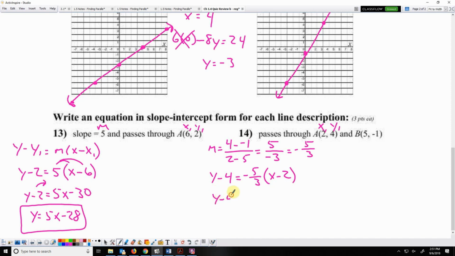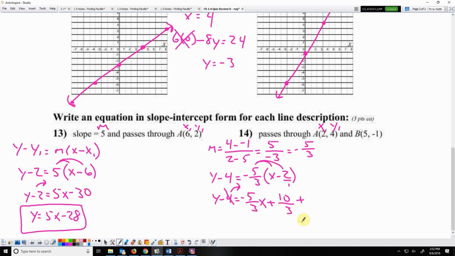So y minus 4 equals negative 5/3 x plus 10/3. That's 2 over 1. Negative times negative is positive. 5 times 2, 3 times 1. And last, I need to move that 4 to the other side. When I do that, I'm going to add it because it's minus.